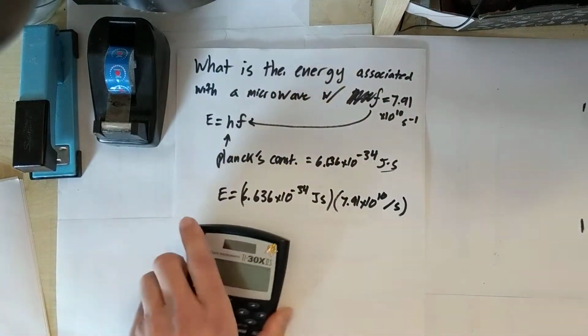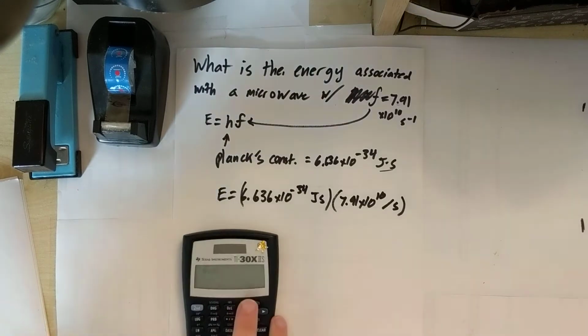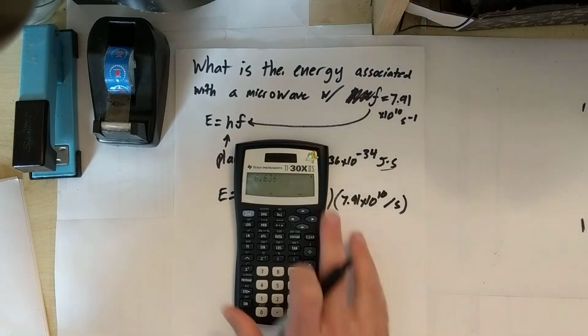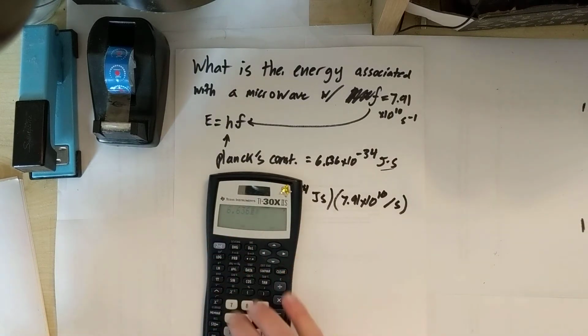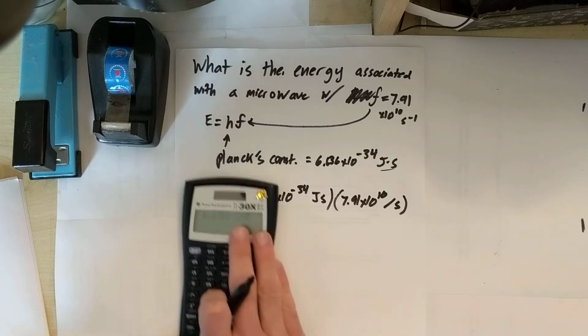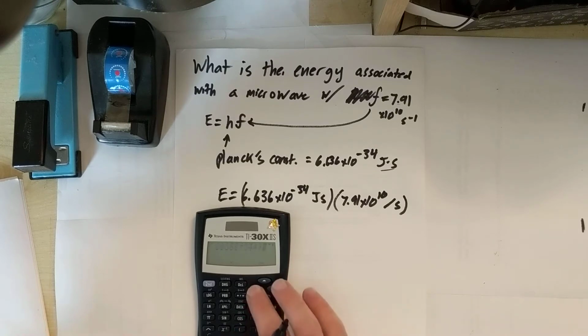When we plug that into our calculator, we get 6.636 times 10 to the negative 34, and we multiply that by 7.91 times 10 to the 10. We'll use some parentheses actually.